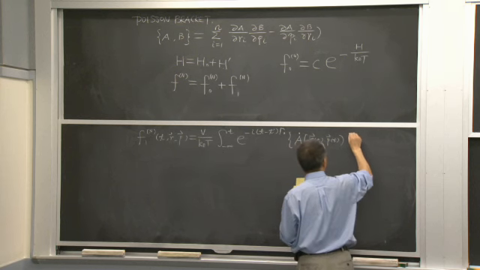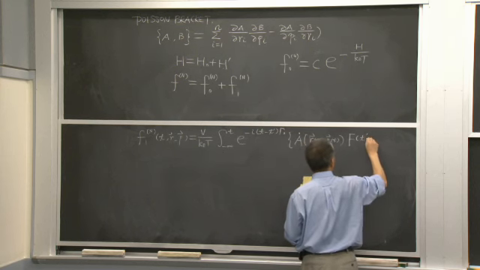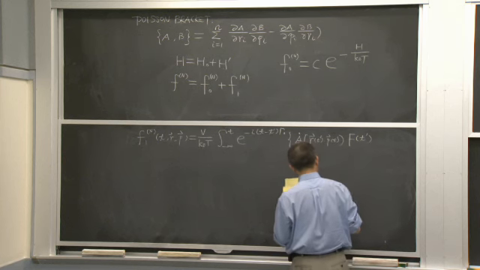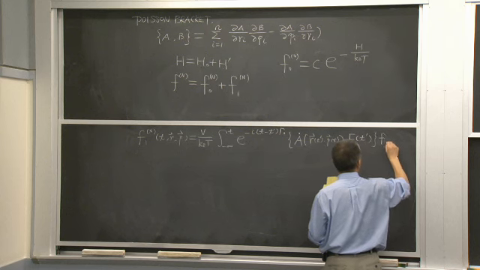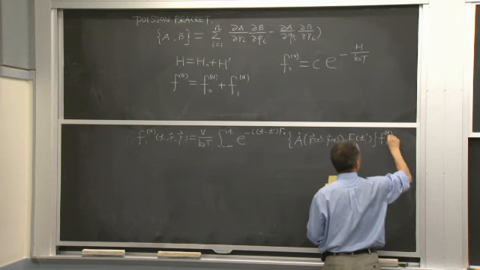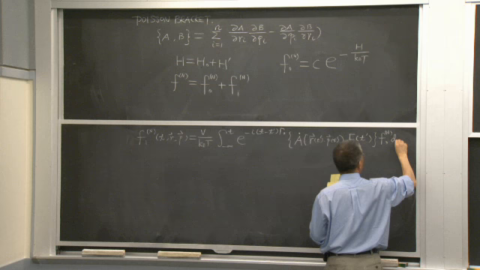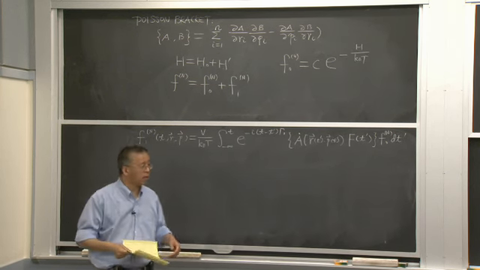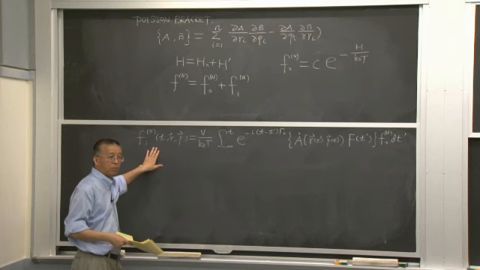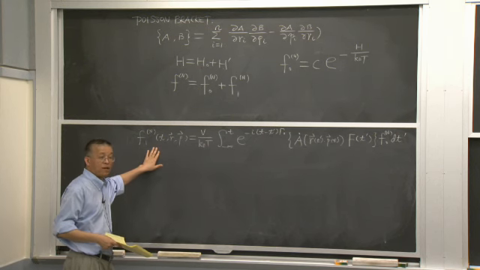And I have F(t prime), and this is t or t prime. And then I have F0n and dt prime. So this is the solution to the perturbed n-particle distribution function.